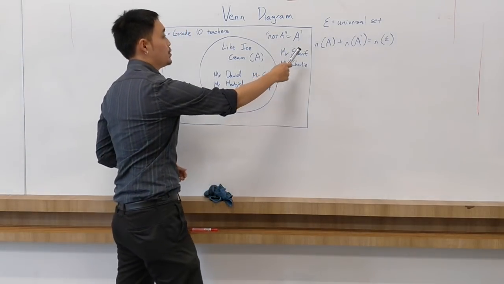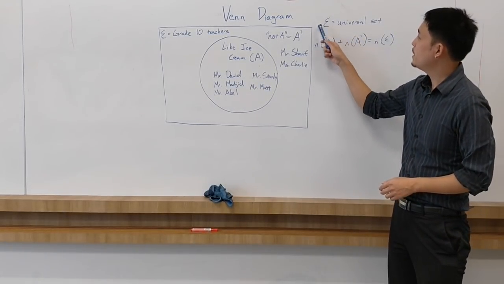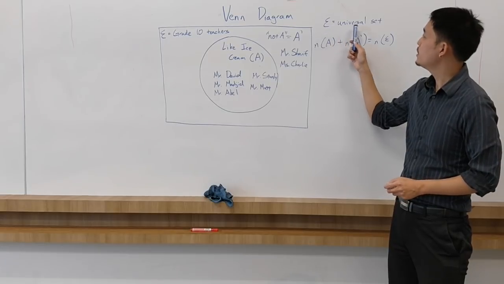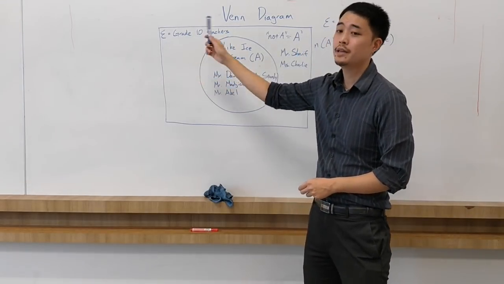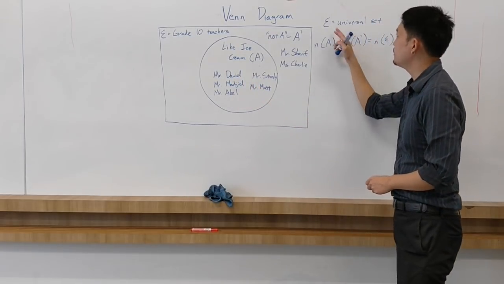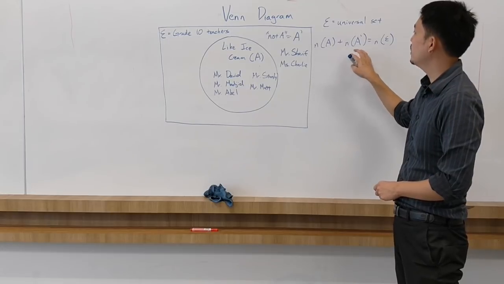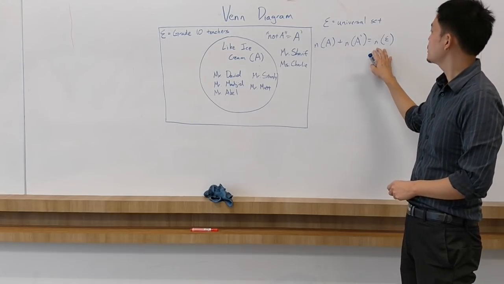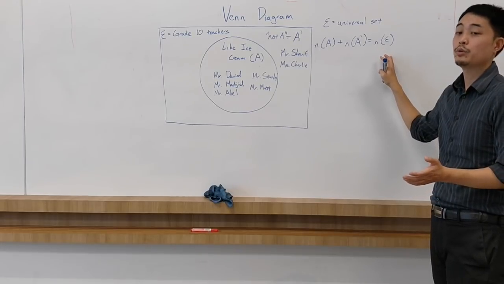But there we go. So the first property of Venn diagrams is that if we define E, or epsilon, as the universal set, and in this case the universal set is all grade 10 teachers, the number of A plus the number of A complement must be equal to the total number of population within the universal set.